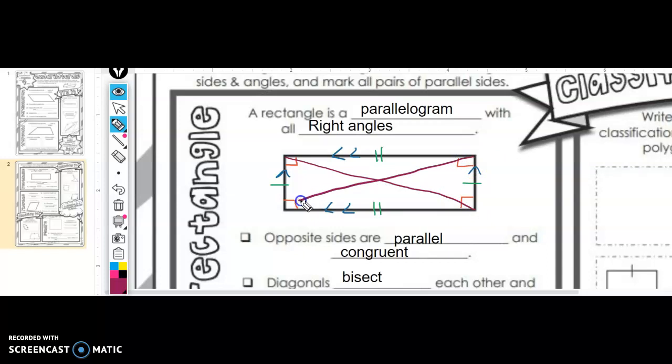There's a second diagonal. They split each other in half. So this piece would equal this piece, and this piece would equal this piece. They bisect each other. If I move it down a little bit, it's going to throw off my drawing, so make sure you have the drawing or pause it at the moment, because I do have to go down to fill in another blank.